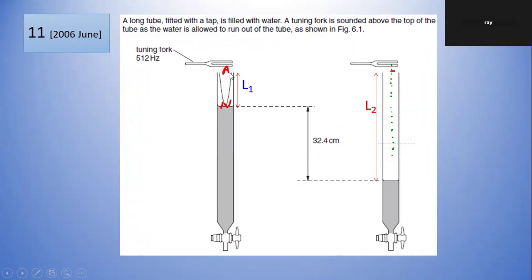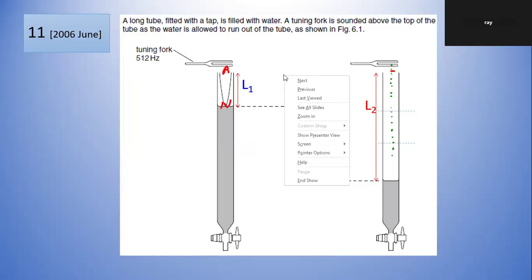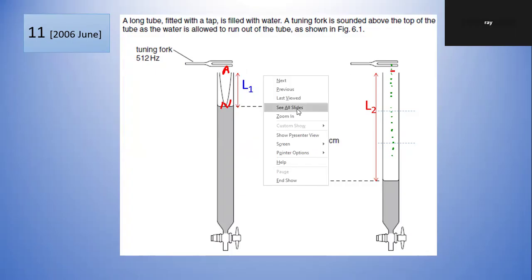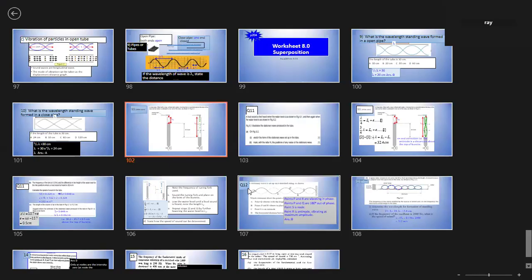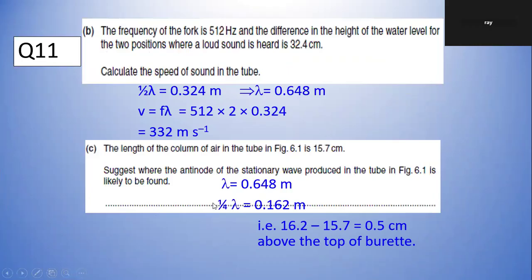Oh, I forgot. Quarter wavelength is L1, that's what we are doing, before one full oscillation. So for a quarter wavelength, you get 16.2 cm. So 16.2 cm minus 15.7 is 0.5 cm.